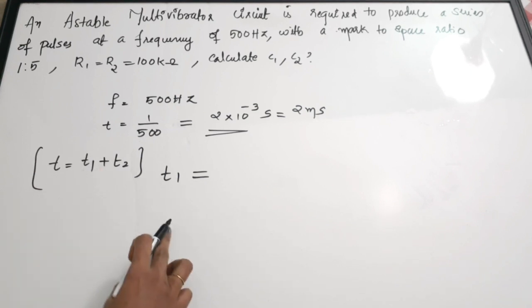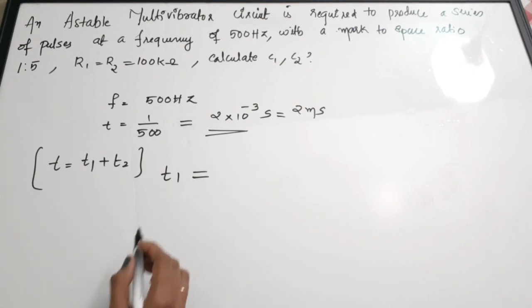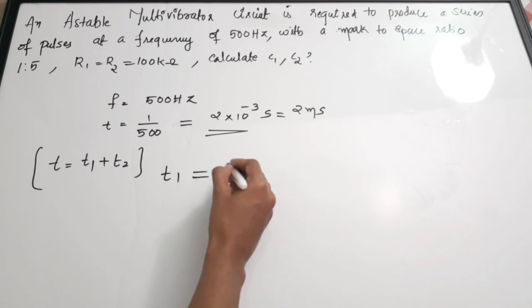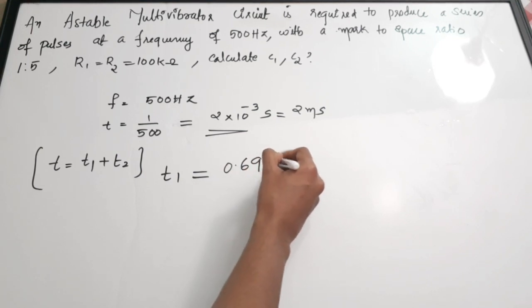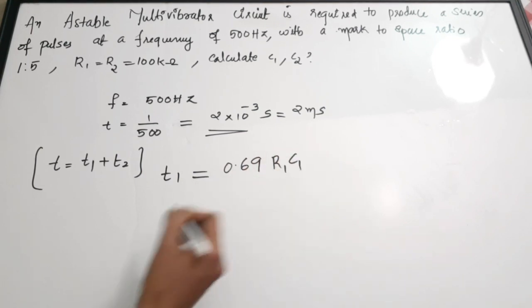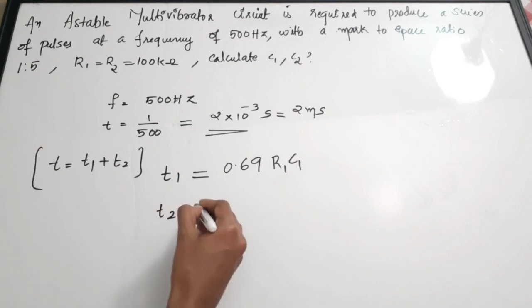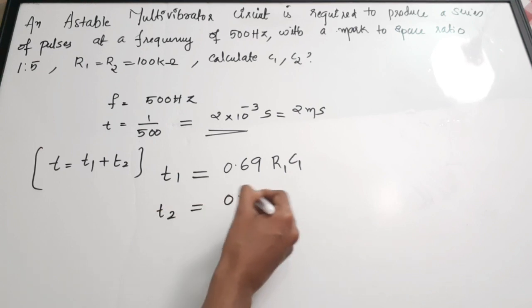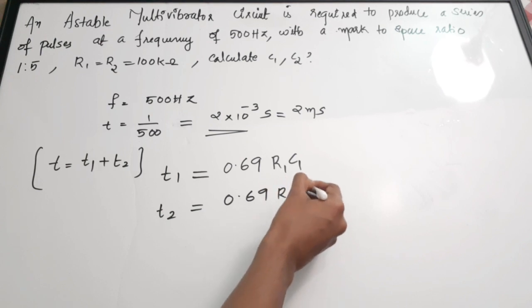Then T2 is the on time of transistor Q2 or the off time of transistor Q1. So just know that T1 is equal to 0.69 R1 C1 and T2 equal to 0.69 R2 C2.